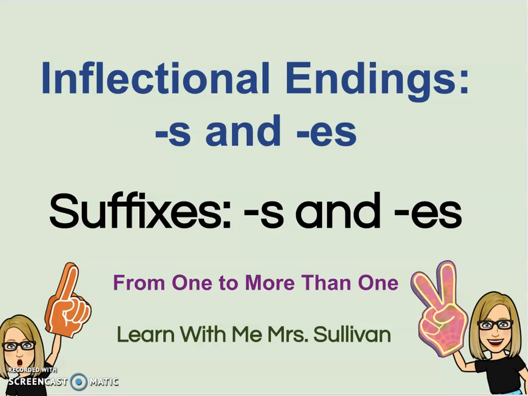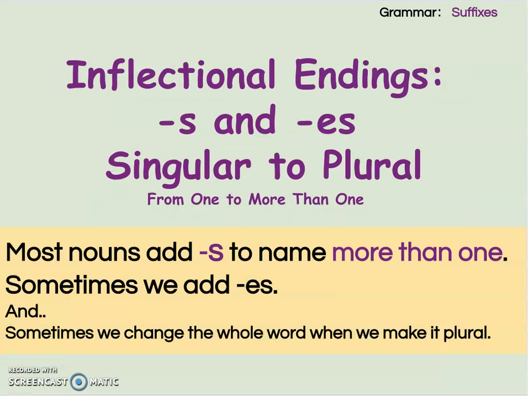I'm going to be talking about inflectional endings, also known as suffixes, and these are the suffixes s and es that we use when we go from one thing to more than one thing. Most nouns add an s to name more than one.